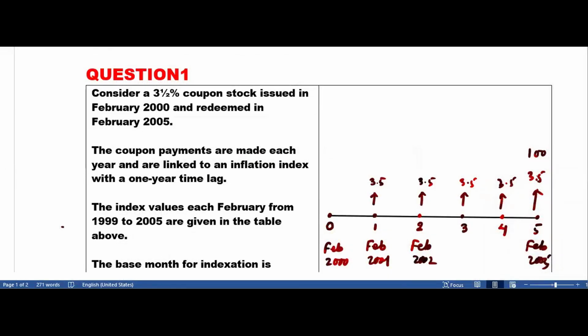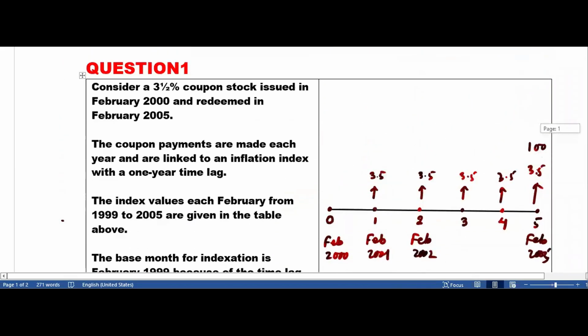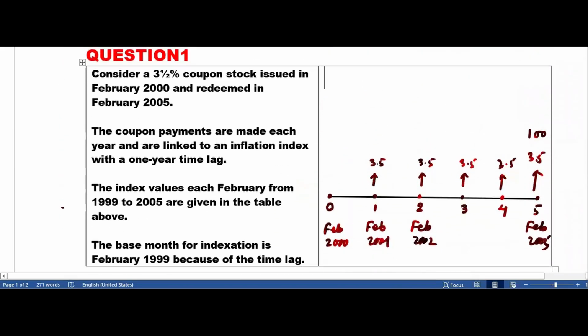So the price, the coupon payments, the index value, the base month: price this bond. Because I'm asking you to find the real rate of return and money rate of return, I will give you the price of this bond. Let me write it.